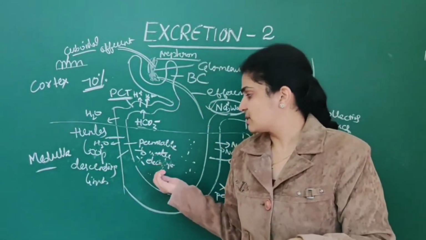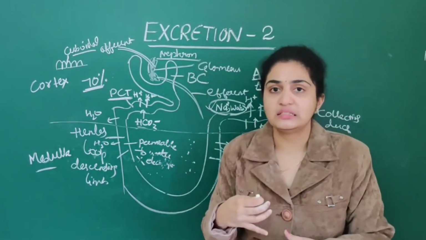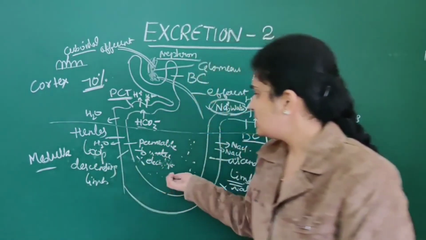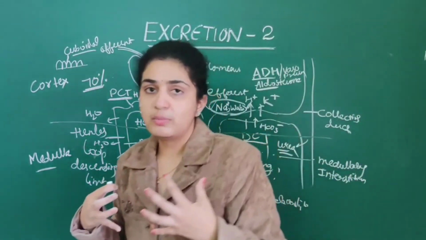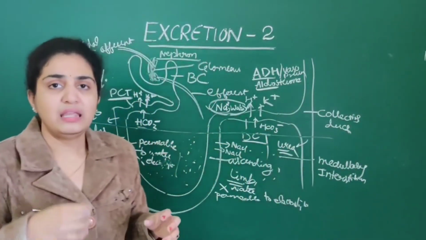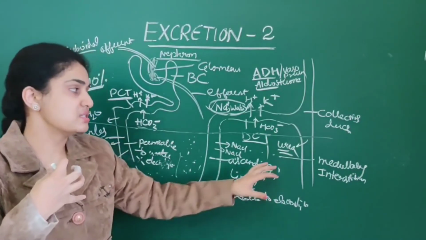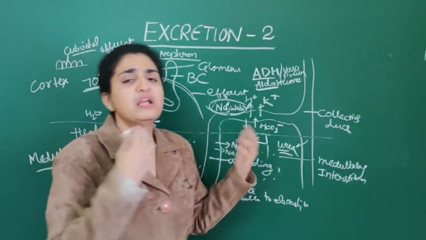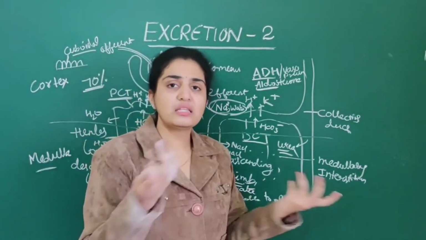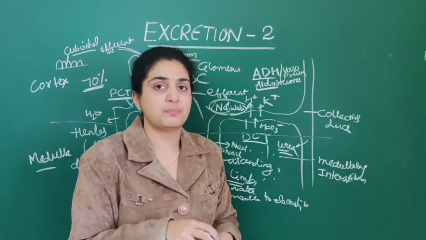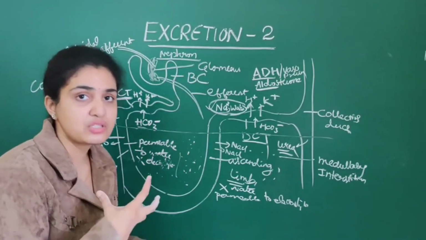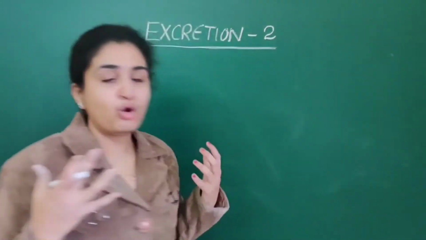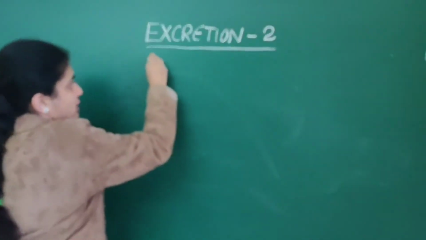These numerous spaces are called the medullary interstitium. Any clear fluid-filled space is called interstitium. Because it is present in the medulla, it is called the medullary interstitium. So this is mainly about the functions. We are going to deal with micturition.